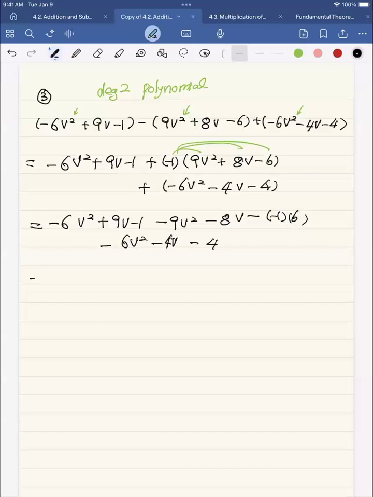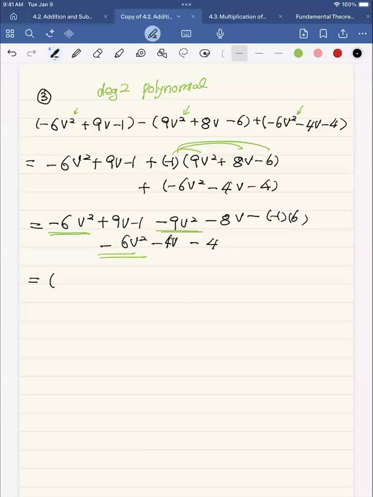Then I want to collect the degree 2 terms because we have degree 2 polynomial, and that's the highest degree term. We have degree 2 term here, degree 2 term here, degree 2 term here.